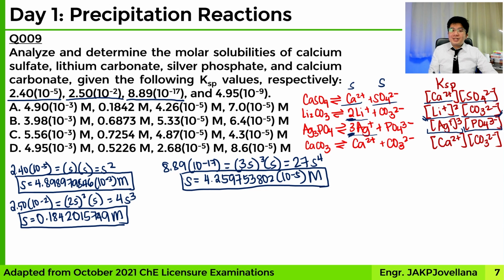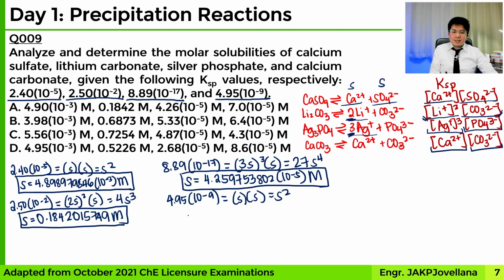So for our last precipitate, we have calcium carbonate. So the KSP of calcium carbonate here is given by 4.95 times 10 to the minus 9. This is equal to the product of the concentrations of Ca2+ and carbonate ion. So we can express that as S times S. This is equal to S squared.